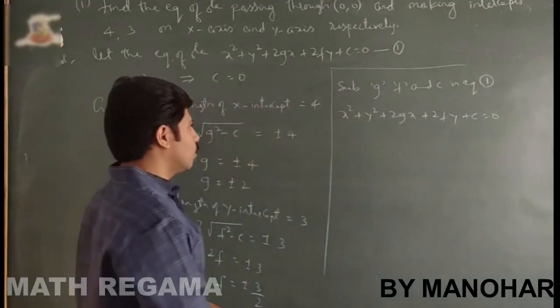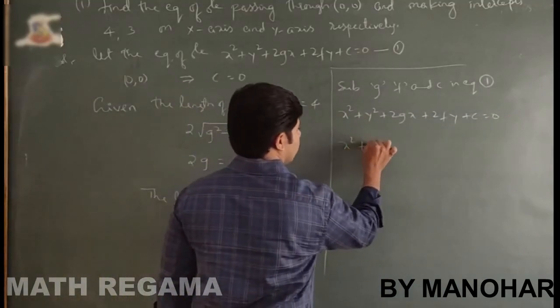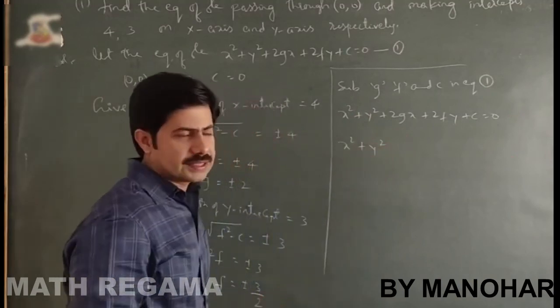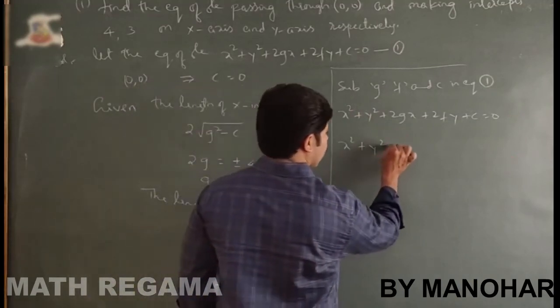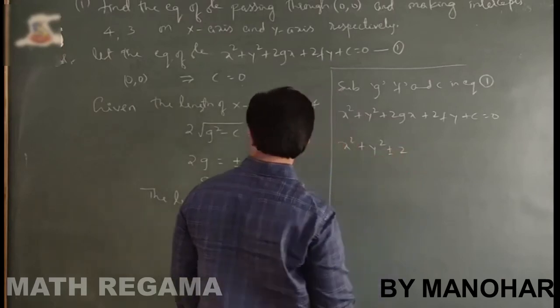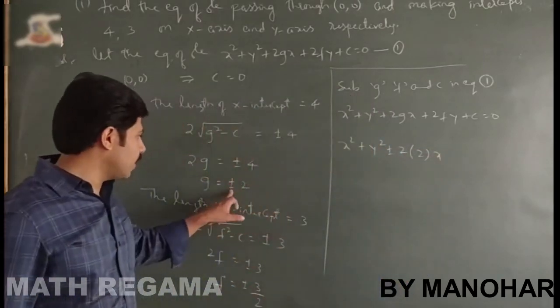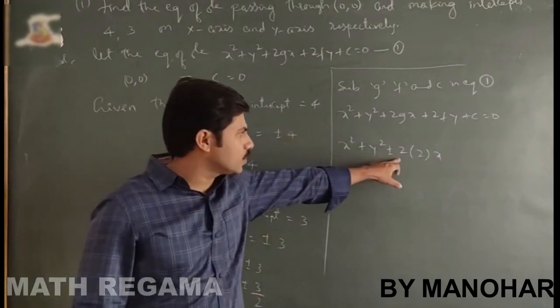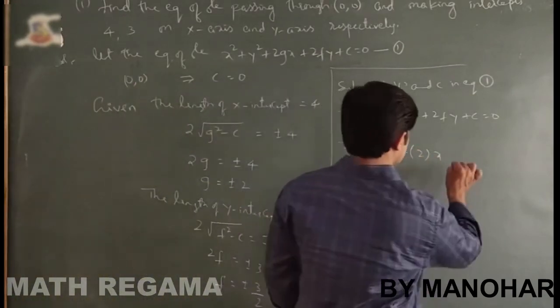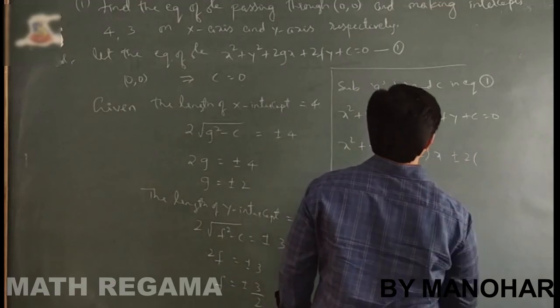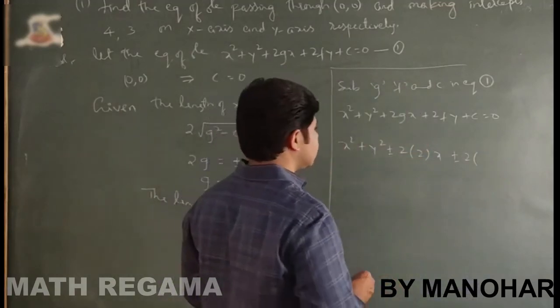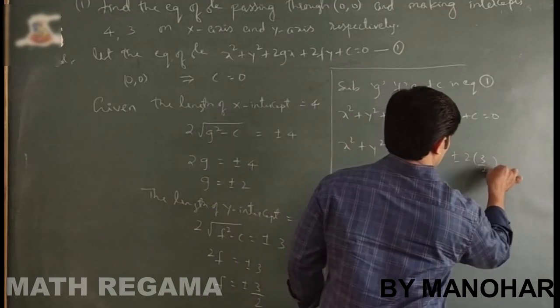I'll substitute the values. So we write it as x square plus y square plus 2gx. You can write plus or minus 2 into x, because g value is plus or minus 2, writing it as plus or minus 2 into x. Then plus or minus 2 into f value, 3 by 2, y.